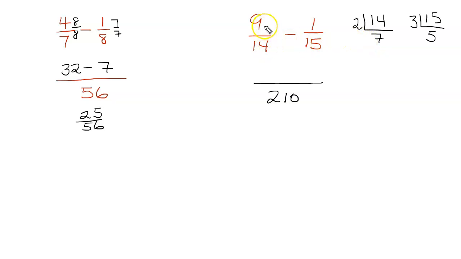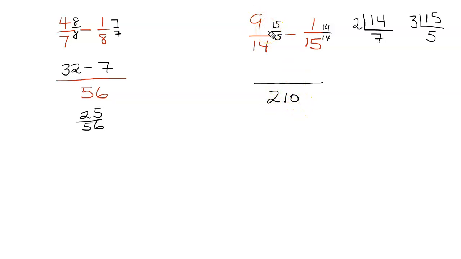So what do we multiply this fraction by to get it to be 210? And it's some form of 1. Well, it will be 15/15. And this one, 14/14. So now our denominators are both 210.